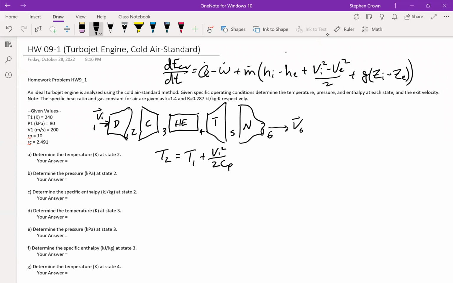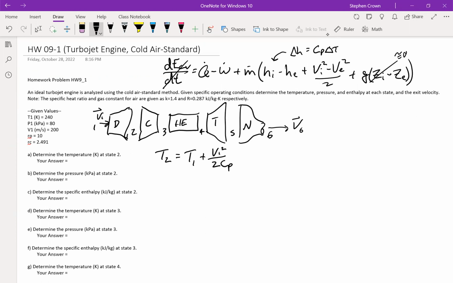We're going to make note that this delta h can be replaced with Cp delta T. So that's where we get the temperatures in the equation below. And then we're also noting that there's no significant change in elevation. For the first component, for the diffuser, there's no heat transfer and no work.